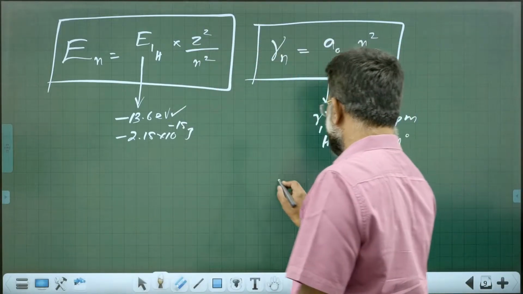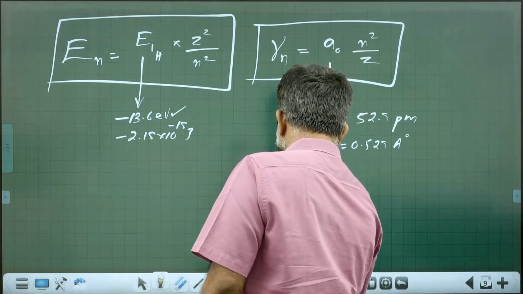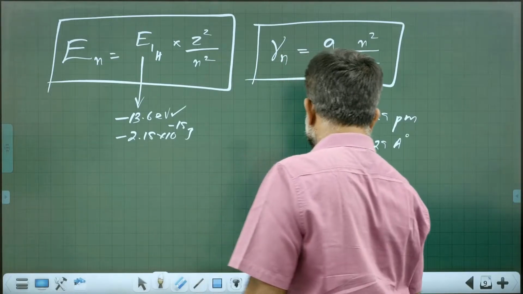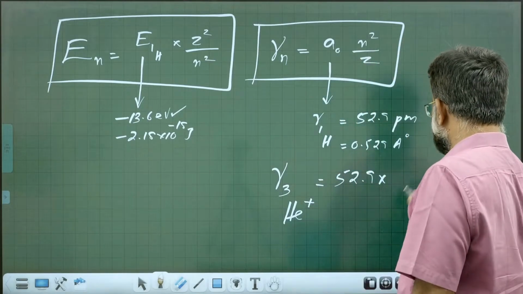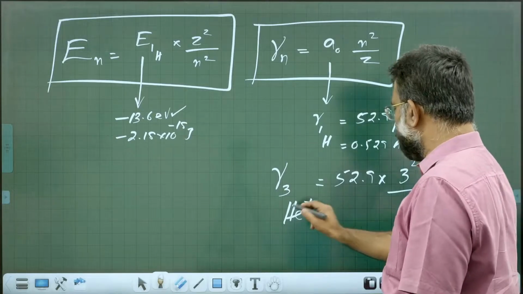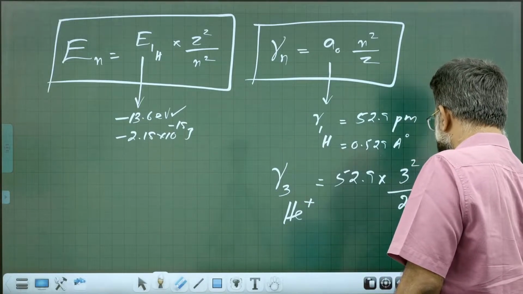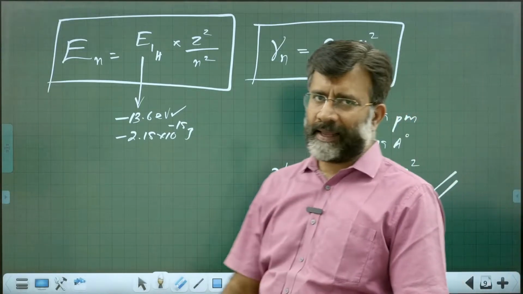Suppose you are talking about R3 for helium plus, it will be 52.9 into 3 square divided by atomic number of helium, 2. This will give you the answer.